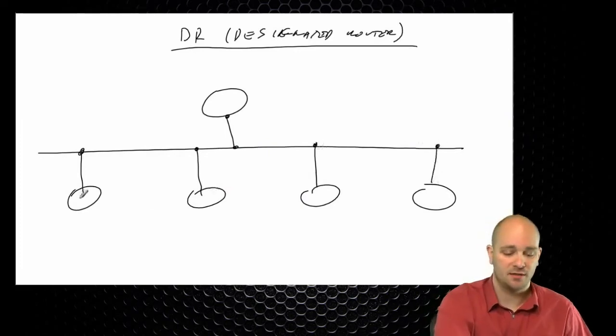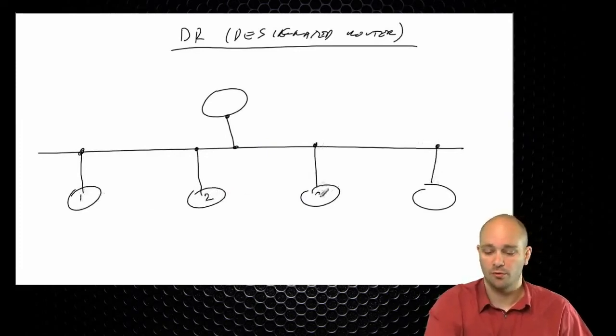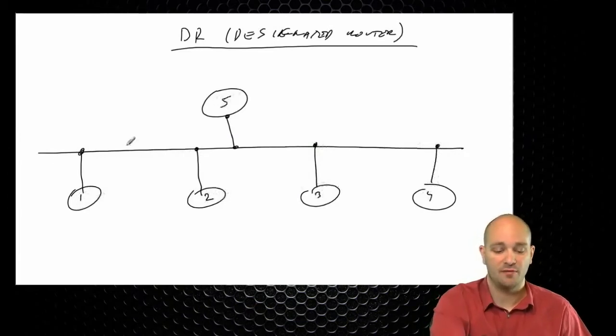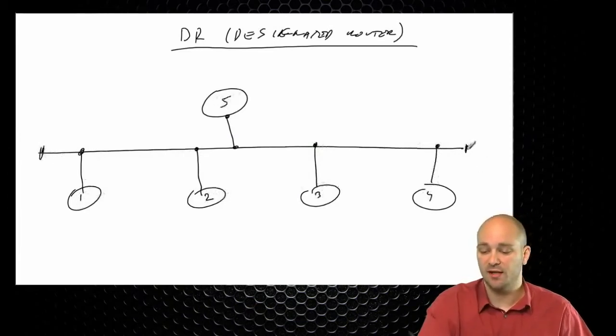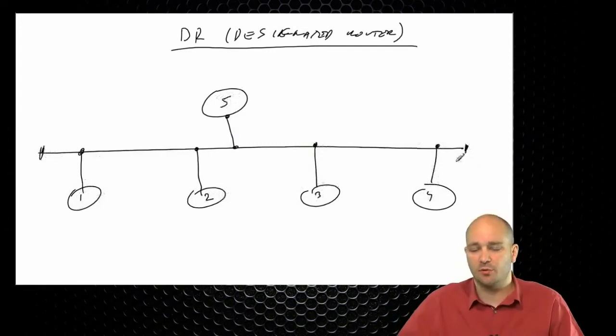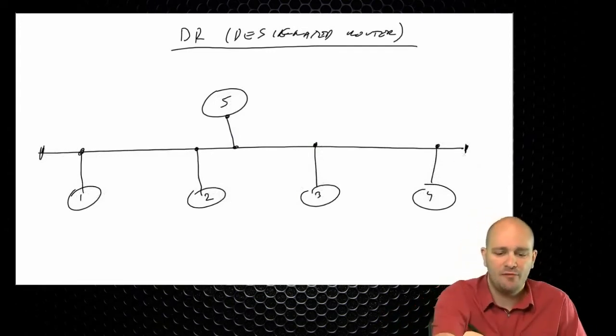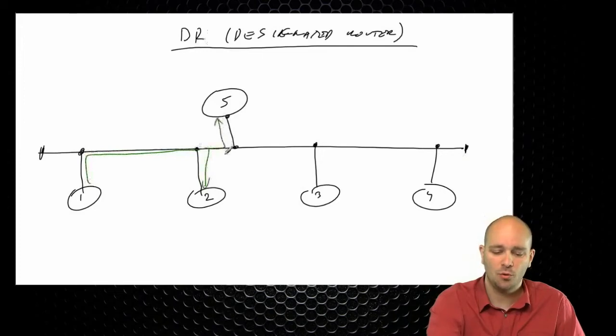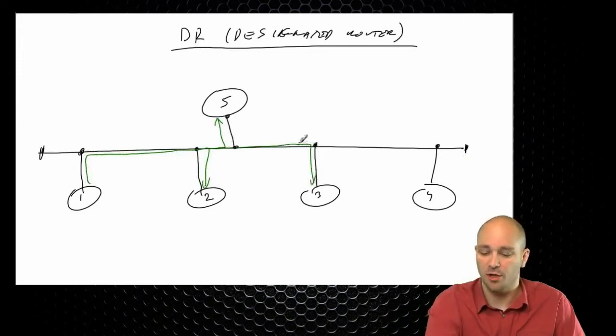So here, let's say that we have routers 1, 2, 3, 4, and 5. Now, I represented Ethernet as just a bus, but this is, of course, in these days all connected to the switch. But the idea is the same. If one router here sends a multicast packet, it will actually be delivered to all of these routers here.